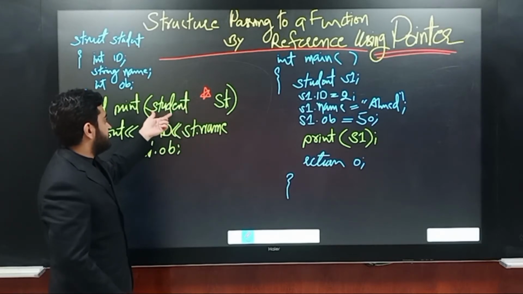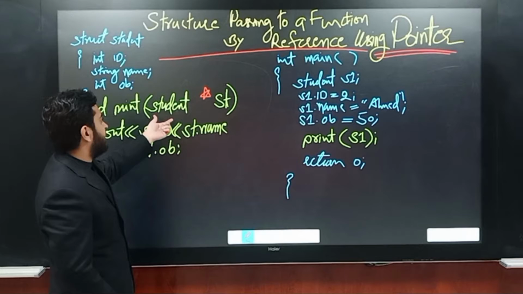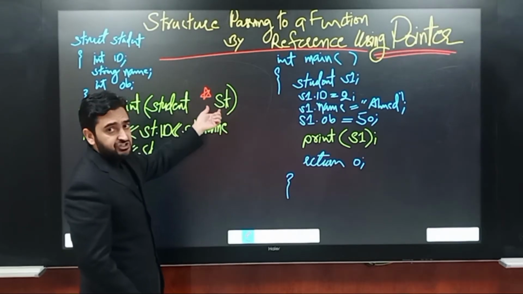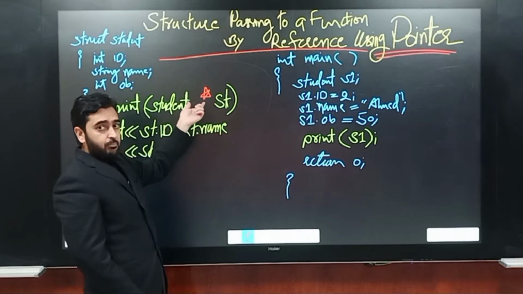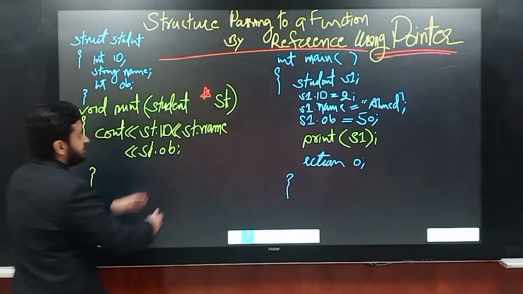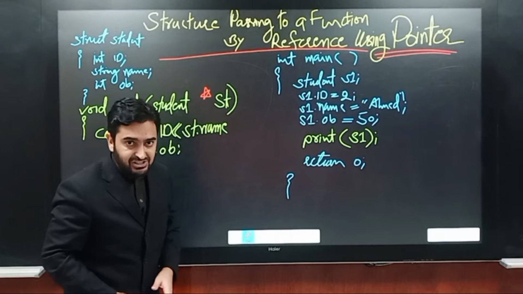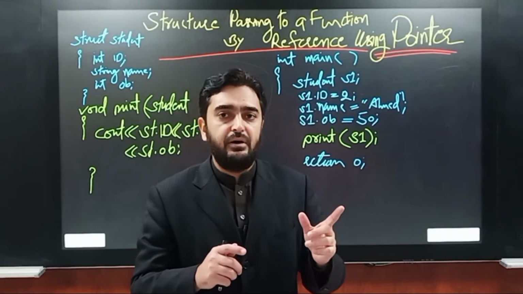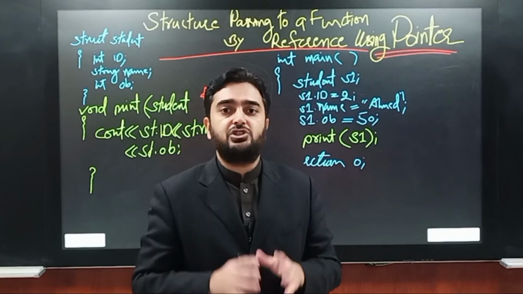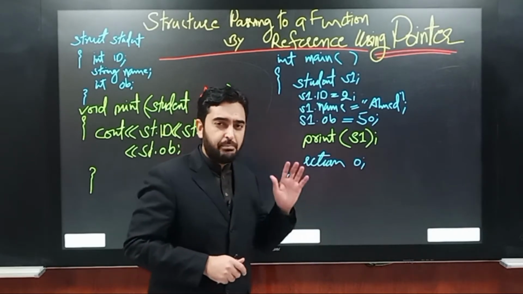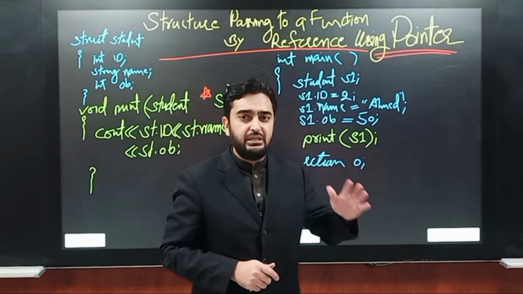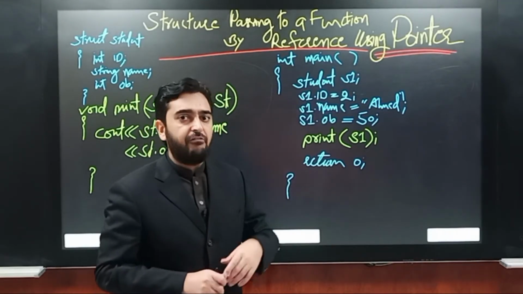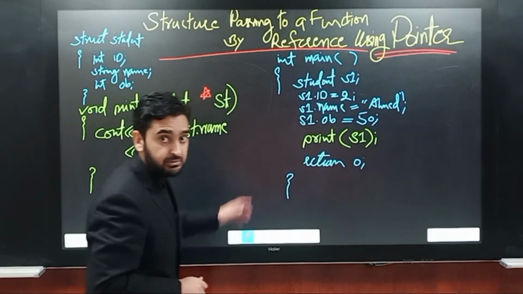This data type is used to declare the parameter st, but it is a pointer. This pointer is responsible for saving the address of another variable of student type as its value. This is different from an alias, a nickname of another variable, because it saves the address of any other variable of the same type, remember.